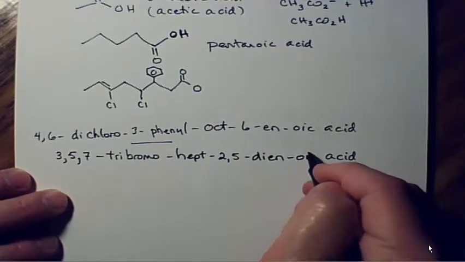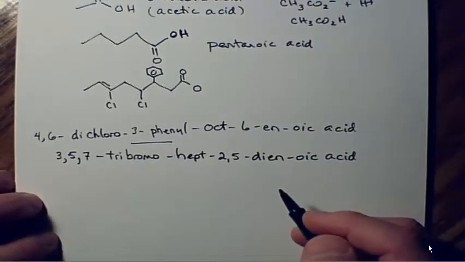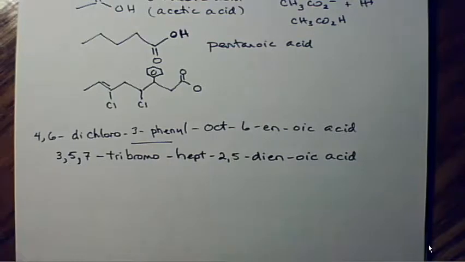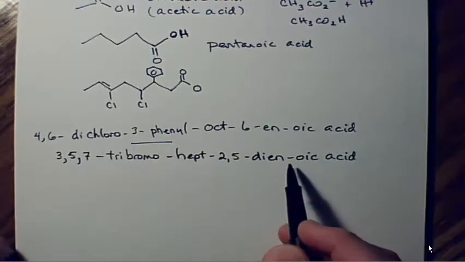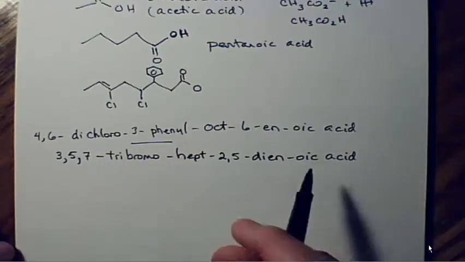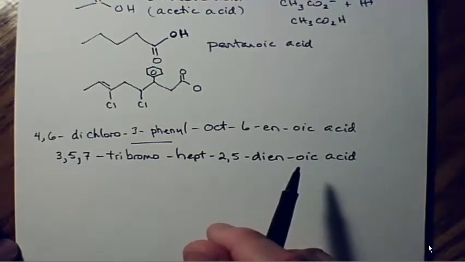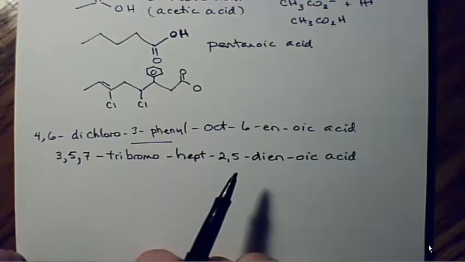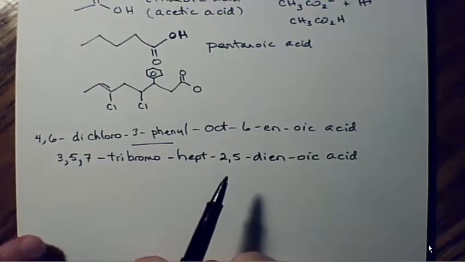Now, we're taking some liberties from the IUPAC system just to keep things more consistent for you guys. I think in reality you're not supposed to have that dash between ene and oic, but that's okay. We're going to try to keep things as simple as possible and still get through the functional group names.